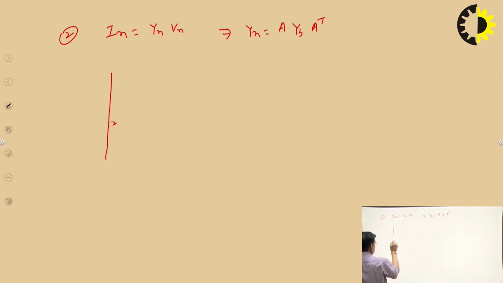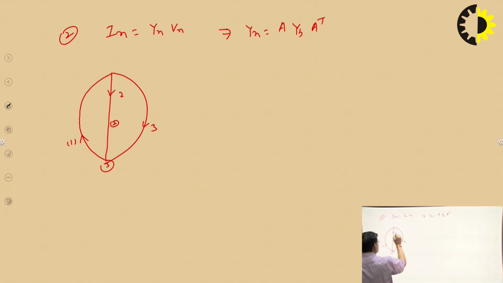This is your 2 node, this is 3 node, this is branch number 2, this is branch number 3, and this is branch number 1.